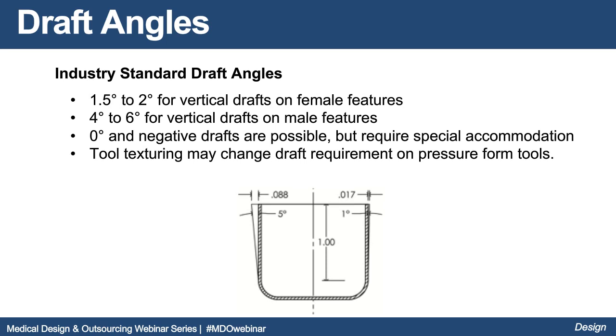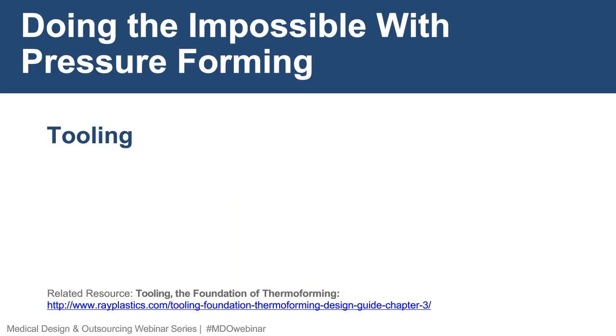If that requirement's not followed, just like in injection molding, you can see marks from the drag when that part's ejecting from the tool if you don't give significant draft. Again, we can go to zero or negative by pulling that wall, and that actuating slide can also be textured. So that's it for draft angles. Doing the impossible with pressure forming, specific to tooling.